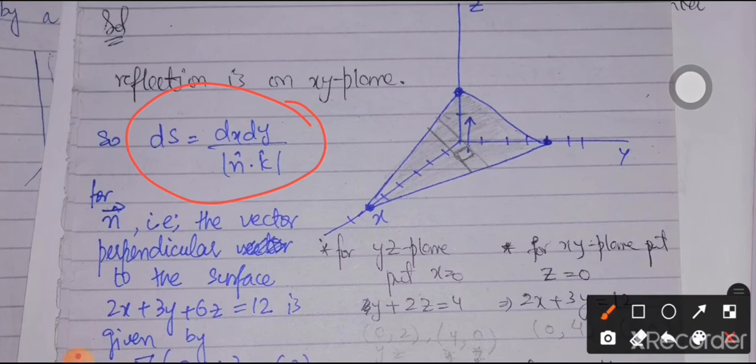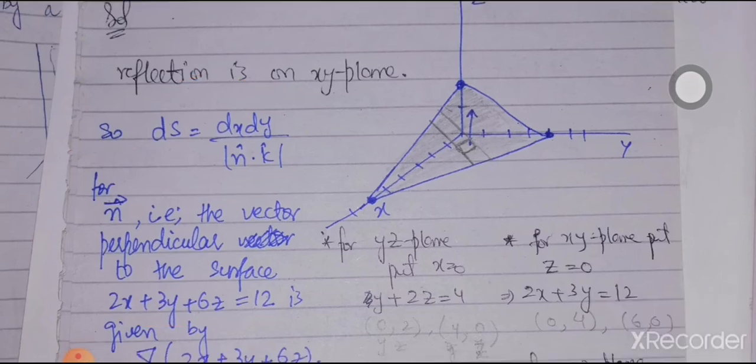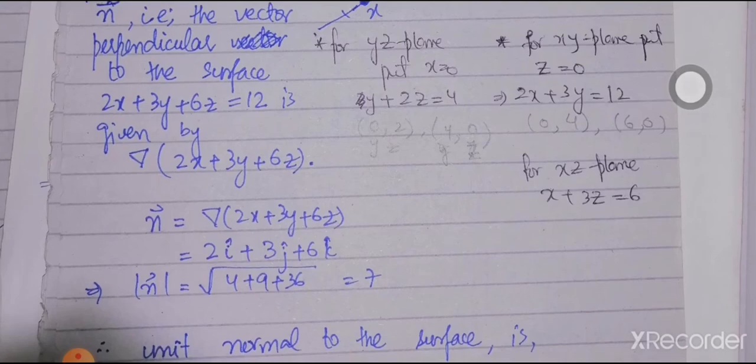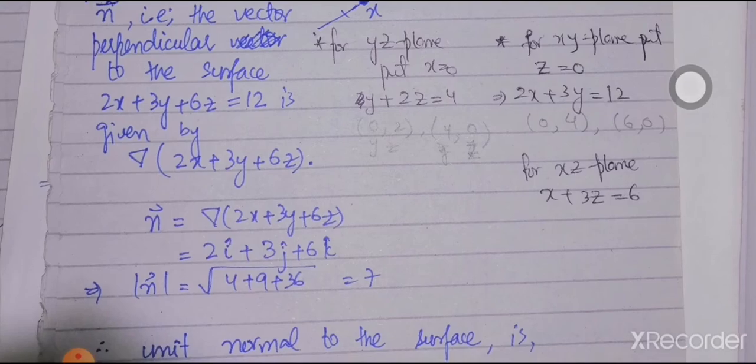And how can we calculate the unit normal to the surface? We will simply find the gradient of the given surface 2x + 3y + 6z = 12. The gradient of the surface represents the normal vector, and to find the unit normal, we will find its magnitude first.